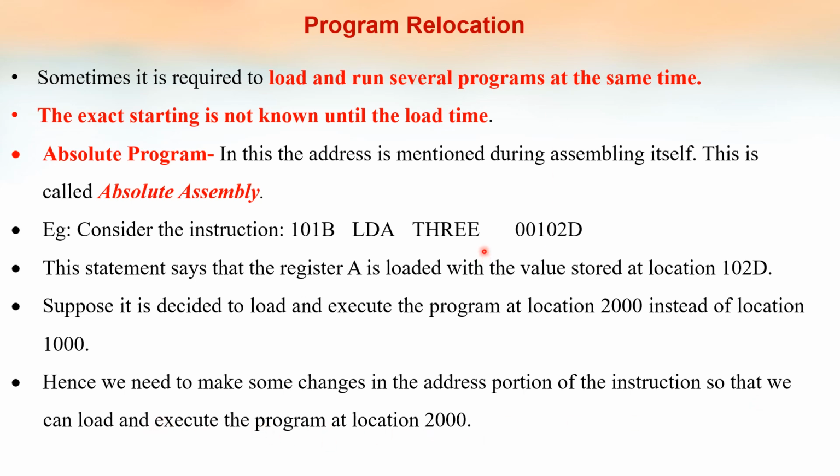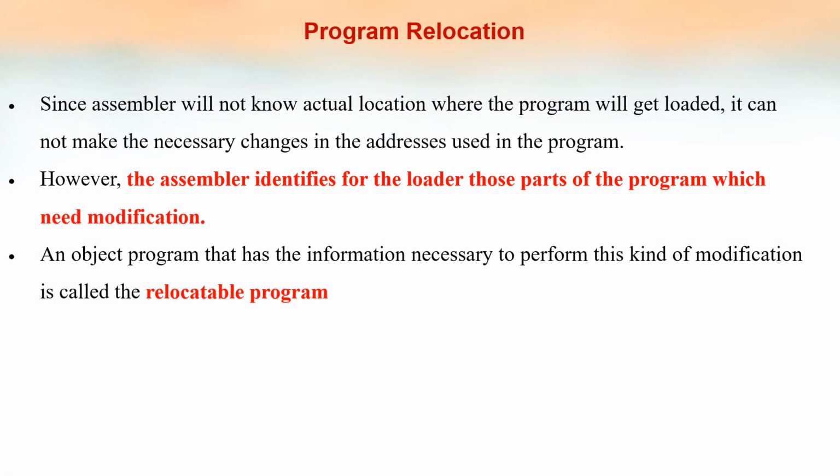If the starting address is changed to 2000 instead of 1000, then the memory address of this label 3 will also change. So some information has to be given in the program. The assembler doesn't know the actual starting location of the program in memory.